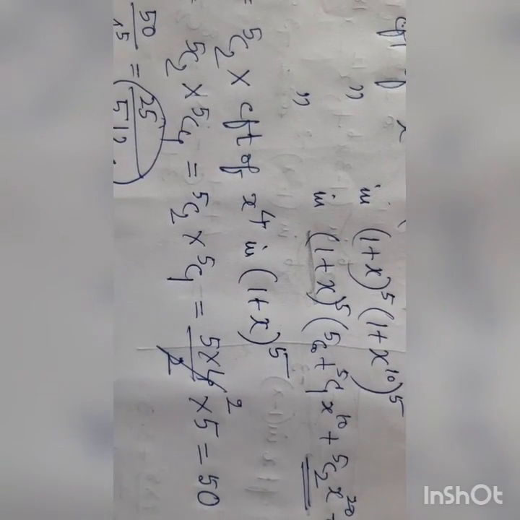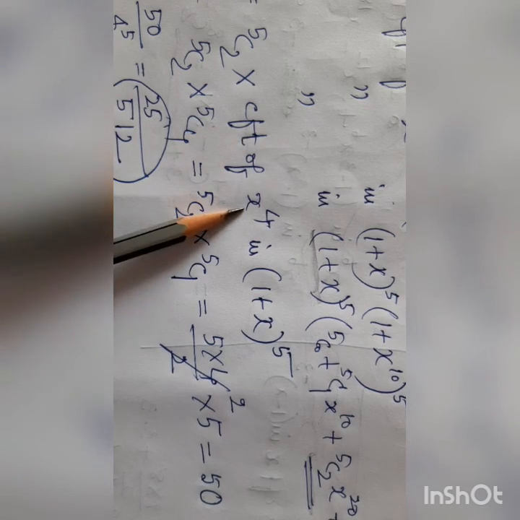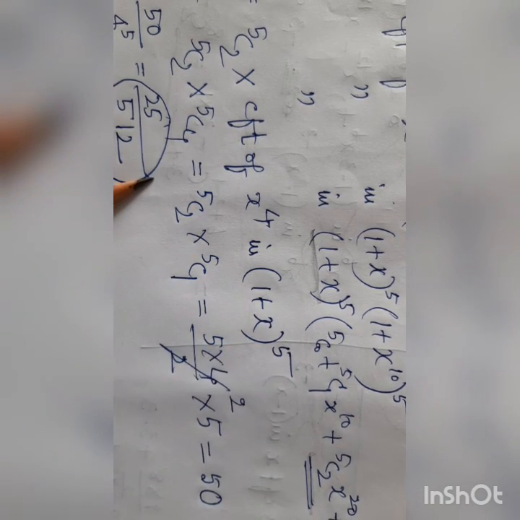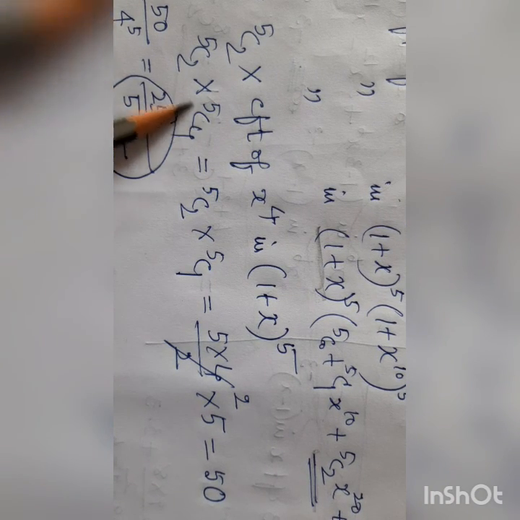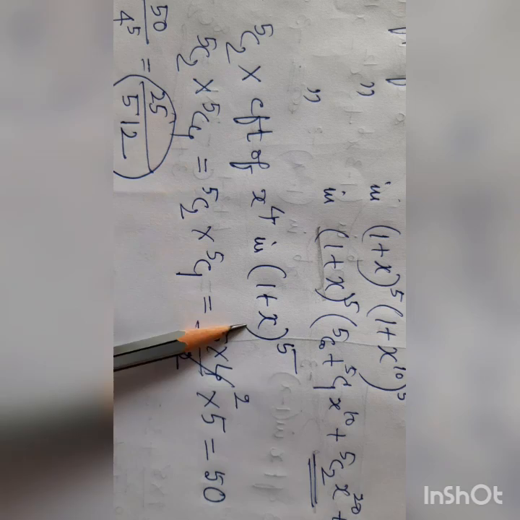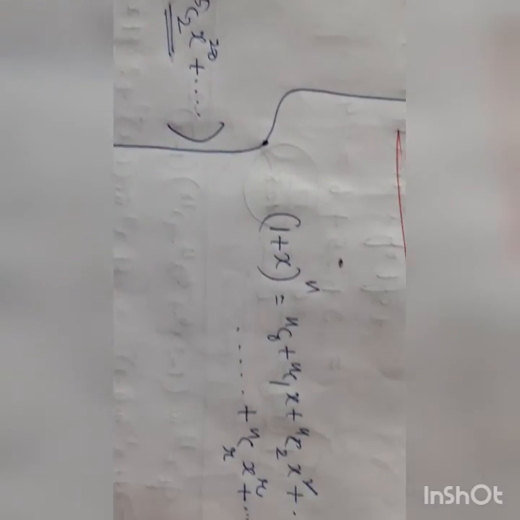Now we write 5C2 into the coefficient of x power 4 in 1 plus x whole power 5. How is it possible? You know that 5C2 into 5C4. Why? What is the coefficient of x power 4? You observe the expansion of this.